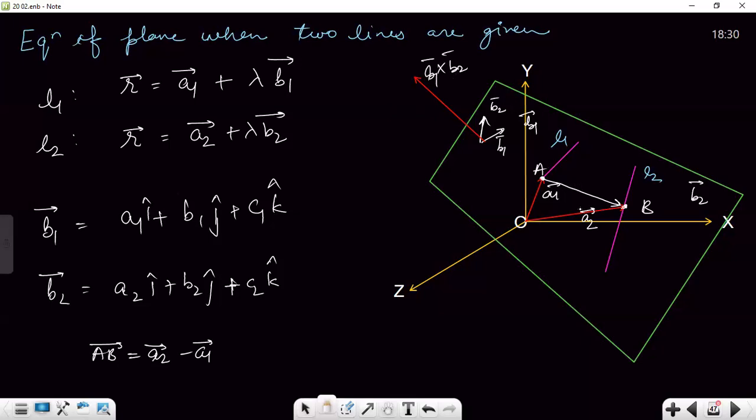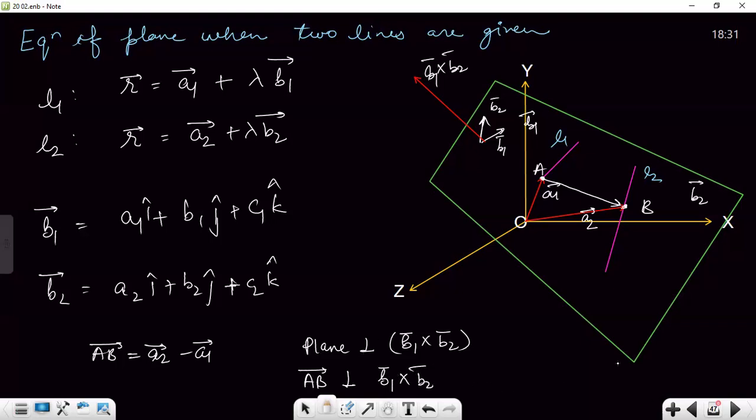See, a1, a2 vectors are the position vectors. They are coming from the origin to the 2 points of the plane. But the AB vector is the vector coming from one point to the other point on the plane, so the vector is completely lying on the plane. We know the plane is perpendicular to b1 vector cross b2 vector, and the AB vector lying on the plane should also be perpendicular to b1 cross b2.